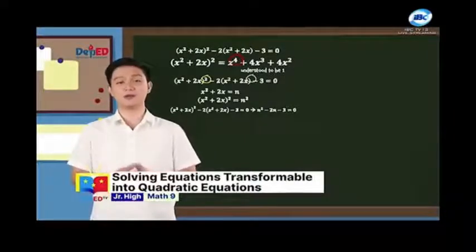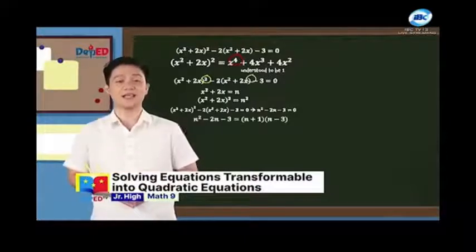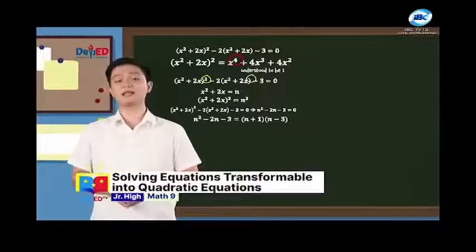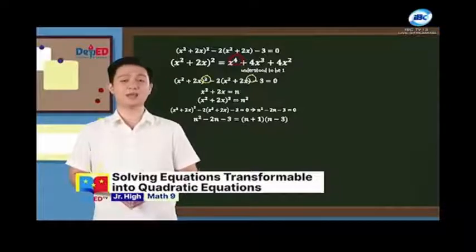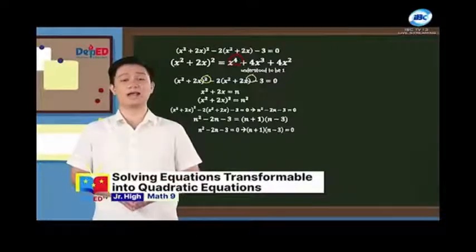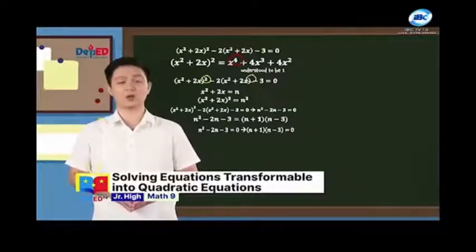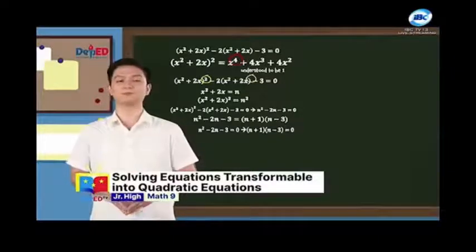And we can do it by factoring. N squared minus 2n minus 3 is equal to the binomial n plus 1 times the binomial n minus 3. So, the equation can be written as binomial n plus 1 times binomial n minus 3 equals 0.